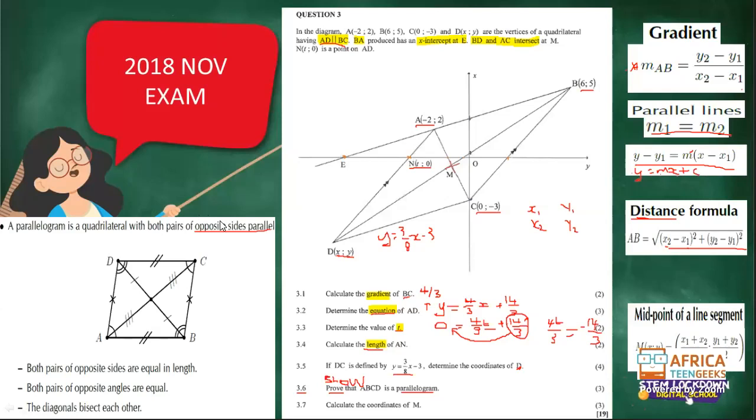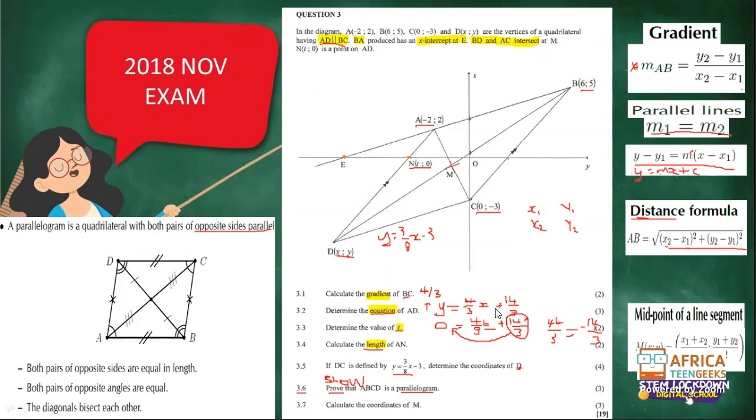Okay, so only after you prove that this is a parallelogram, then in the next question you can use properties of a parallelogram.